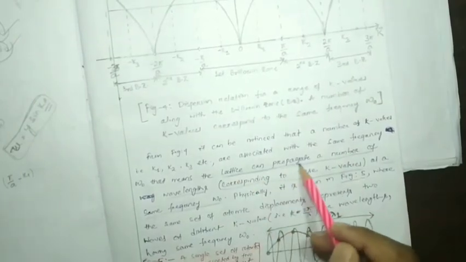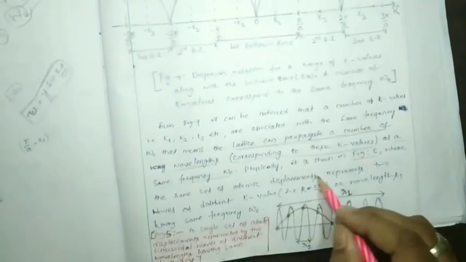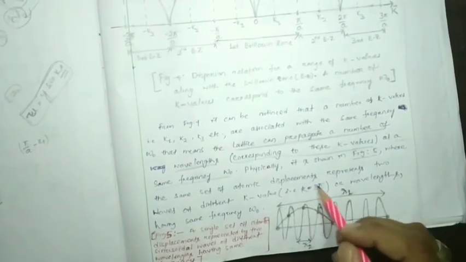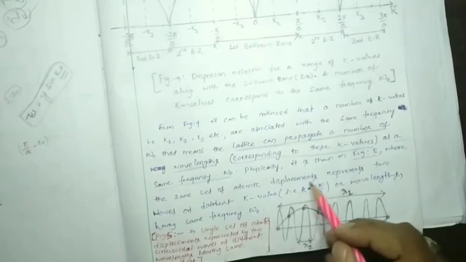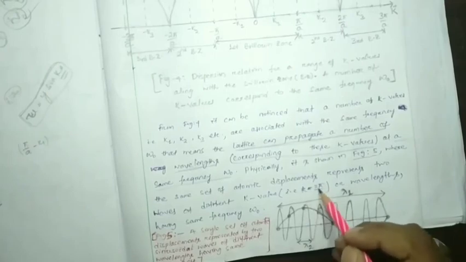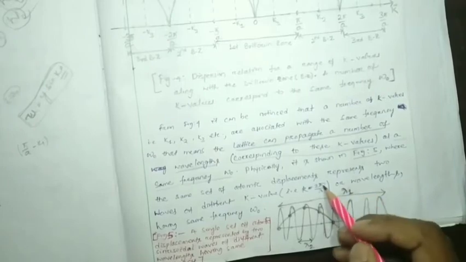The lattice can propagate a number of wavelengths, because if the k value changes, the corresponding wavelength changes. How? Because we know that k is nothing but 2 pi by lambda. This is the corresponding wave number, also called the propagation vector, and it is mathematically represented by 2 pi by lambda. So if k changes, lambda changes, because 2 pi is constant.